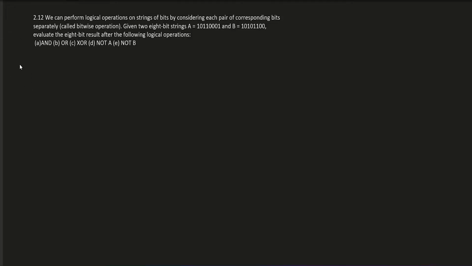So we have given A equal to 1 0 1 1 1 0 0 0 1 and B is 1 0 1 0 1 1 0 0. So first one is AND gate.